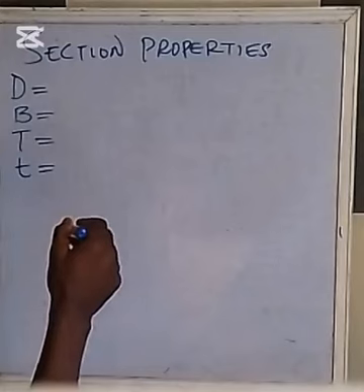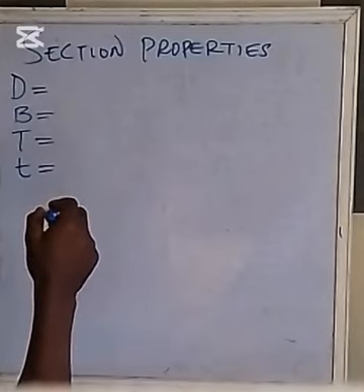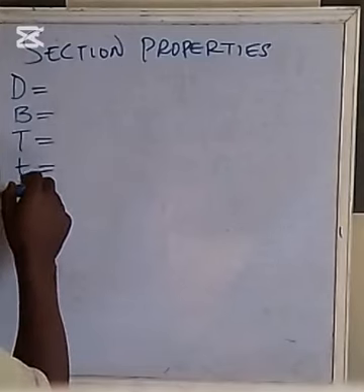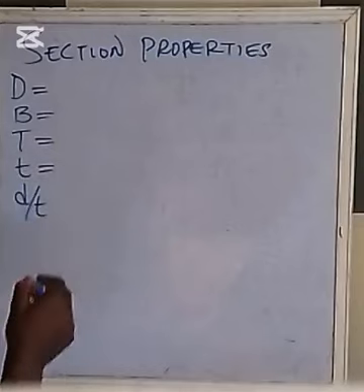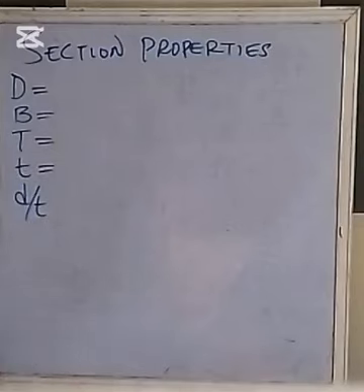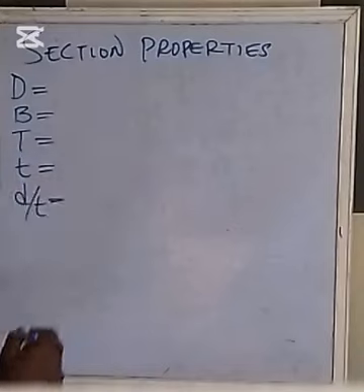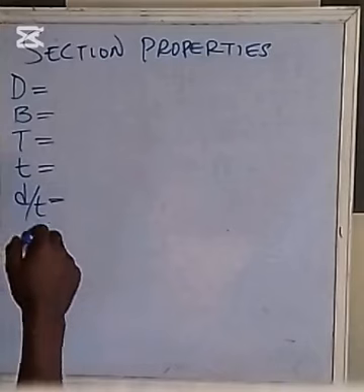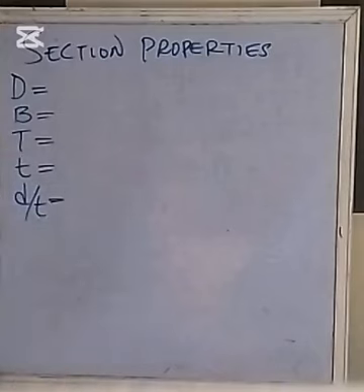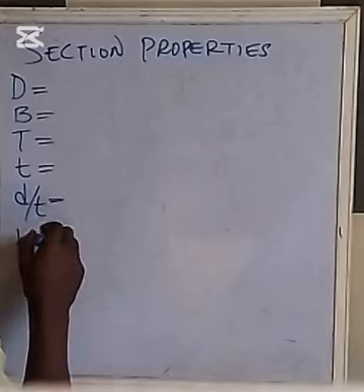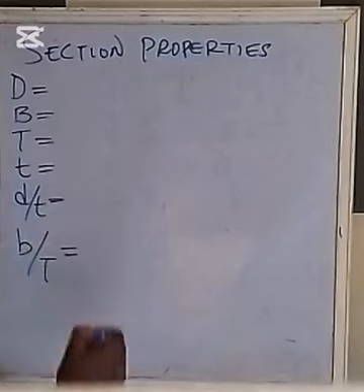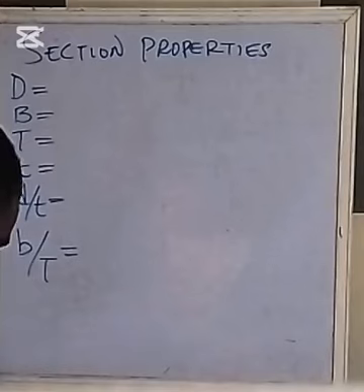We are going to write out the ratio of local buckling for the web, which is D all over T. And we are going to write out the ratio of local buckling for the flange, which is B all over capital T.